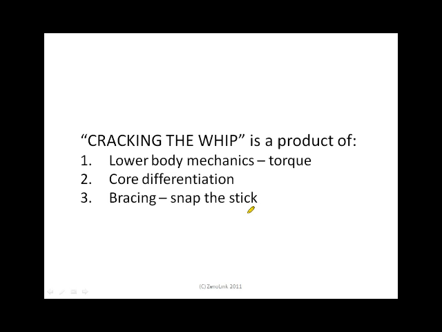So the three key areas that we'll look at with respect to cracking the whip or producing shot speed in lacrosse will be lower body mechanics, core differentiation, and bracing.